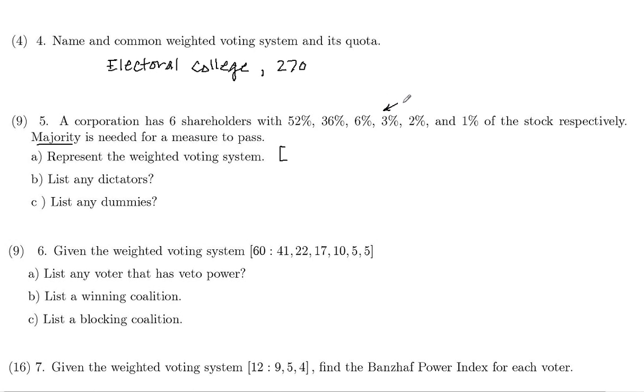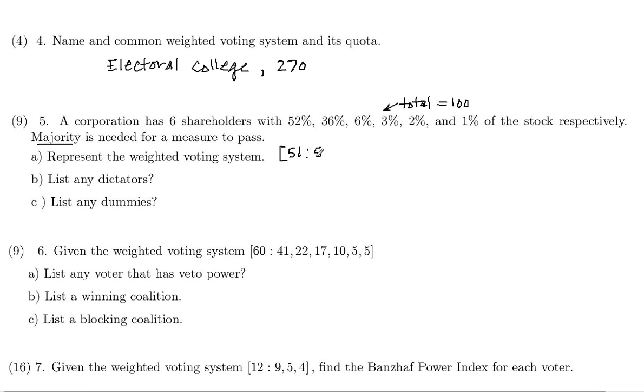So these total to 100. So you need more than 50% of the vote for a majority. So 51 is your quota. And then you just put the number of votes for each one.